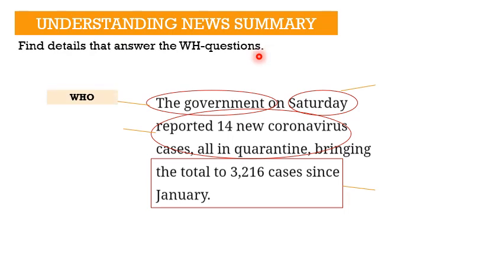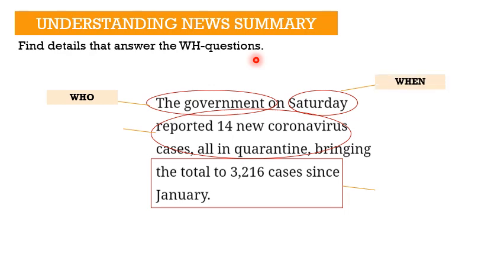Who, right? The government is the one that answers the who question. Next, what is the question answered by the word Saturday? What is Saturday? It's a day of the week. So what WH question does it answer?